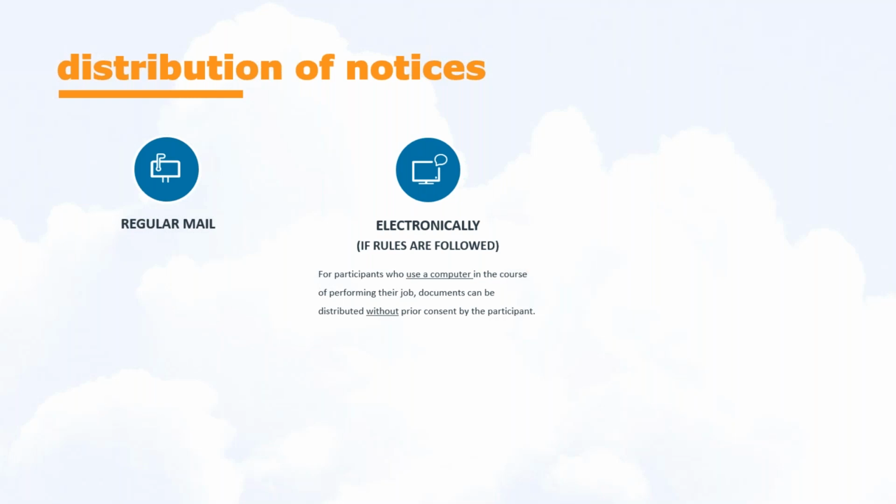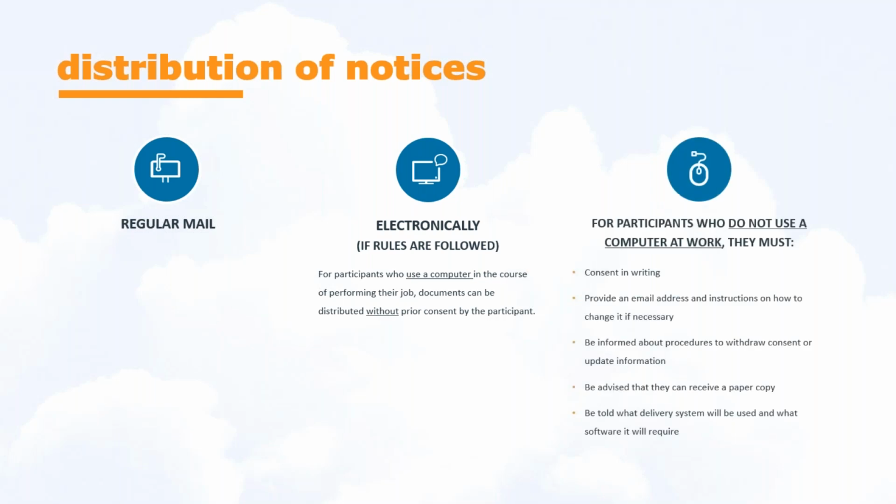Okay, so if you have a manufacturing company and the people in the plant don't use a computer, but the people in the office do, that would mean that you could not just say across the board that you can deliver these electronically, because you have to have prior consent by the participant.